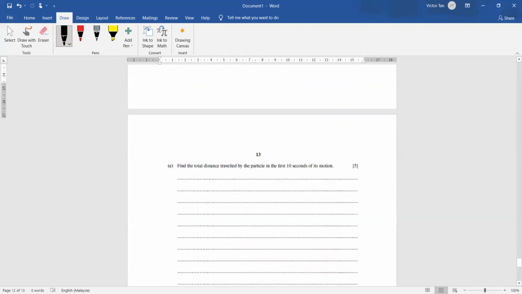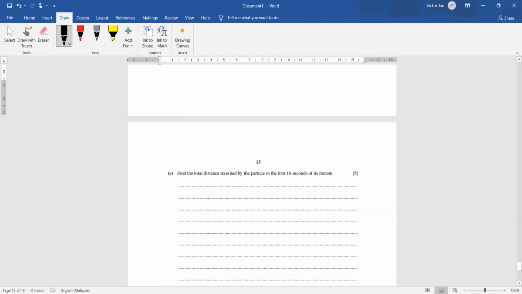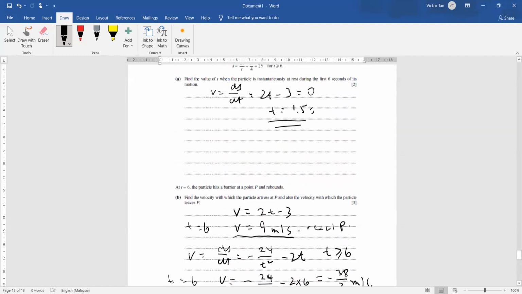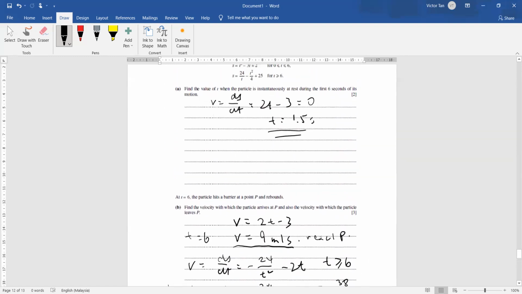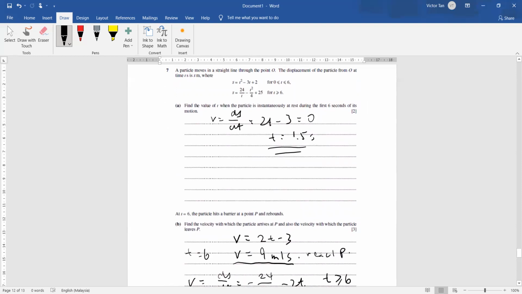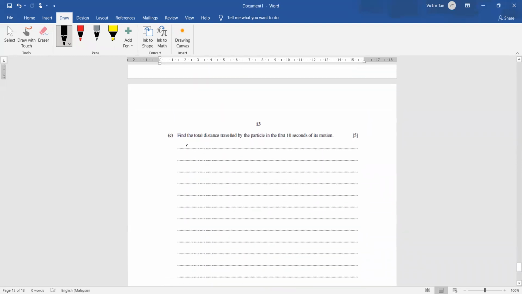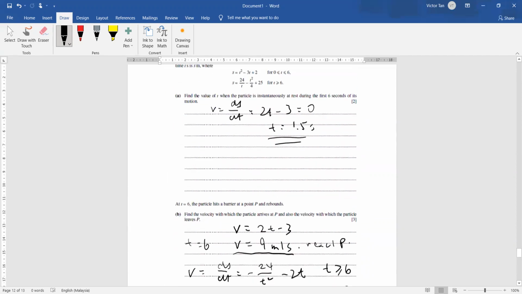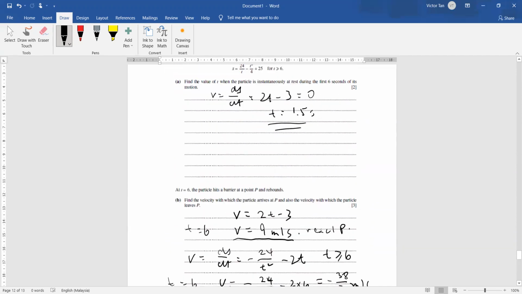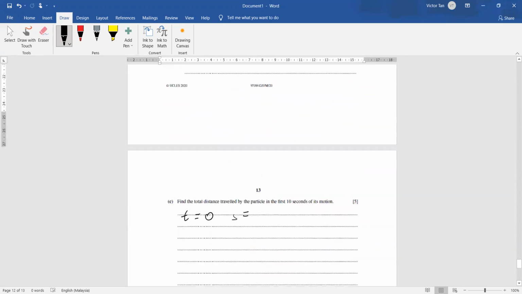Find the total distance traveled by the particle in the first 10 seconds. Okay. At t equals 0, s is 2.